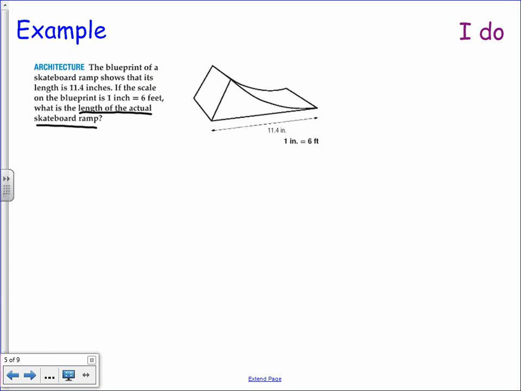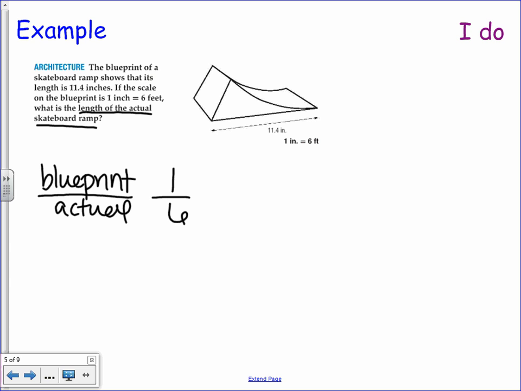So again, I want to set up my proportions. I'm going to set up the scale, or let's call it blueprint, over actual. My scale of my blueprint is going to be 1 inch for 6 feet.